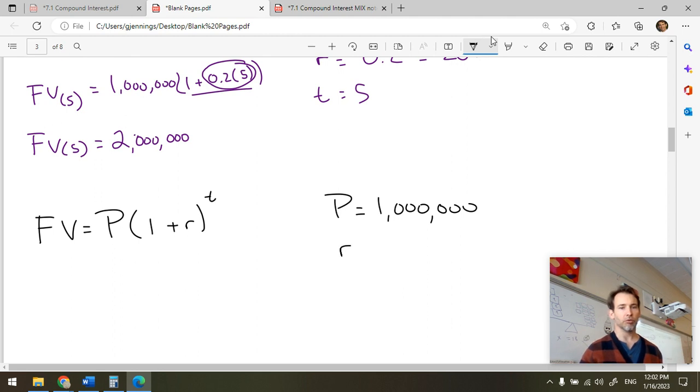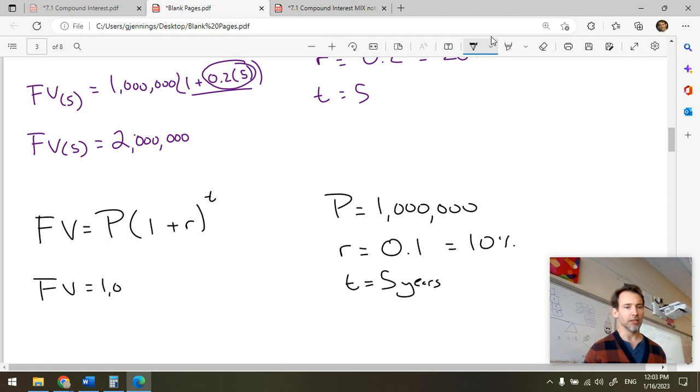And the interest rate is half. It's 0.1. That's 10% as a decimal. And time, we're looking at the same time. It's 5 years. So in this case, we find the future value to be equal to $1 million multiplied by 1.1.